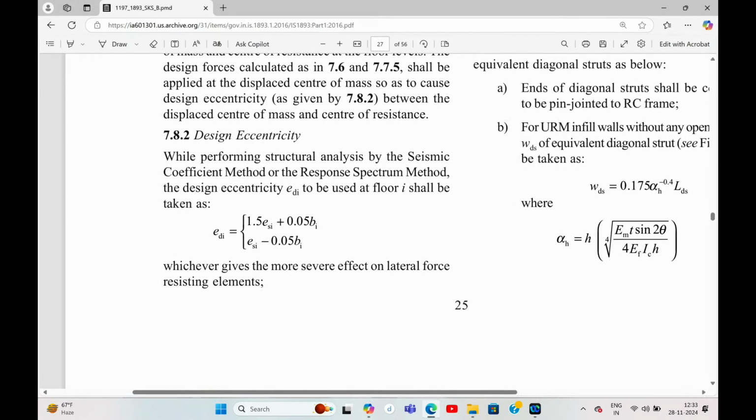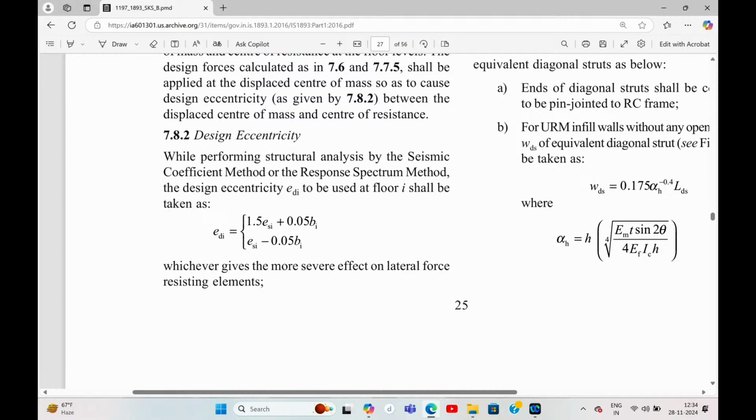How we need to calculate? While performing structural analysis by the seismic coefficient method or the response spectrum method, the design eccentricity EDI to be used at the floor I shall be taken as, you just write down this formula, 1.5 ESI plus 0.05 BI or ESI minus 0.05 BI.